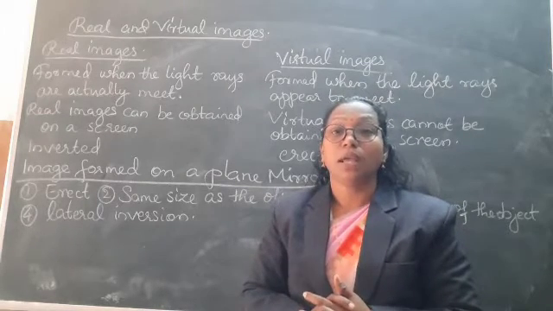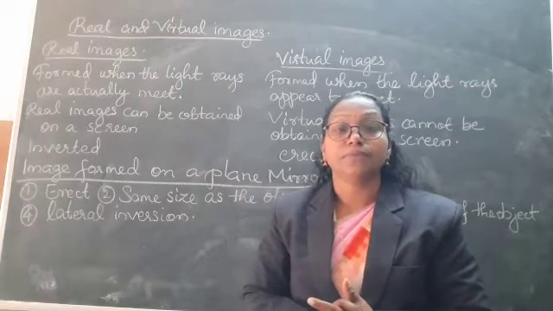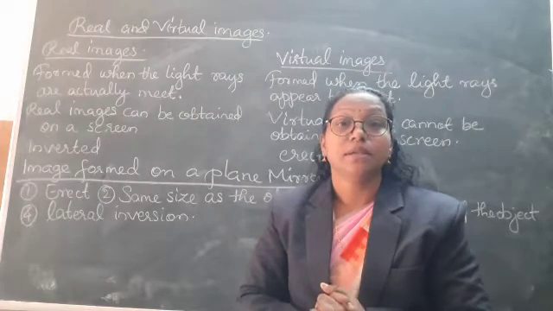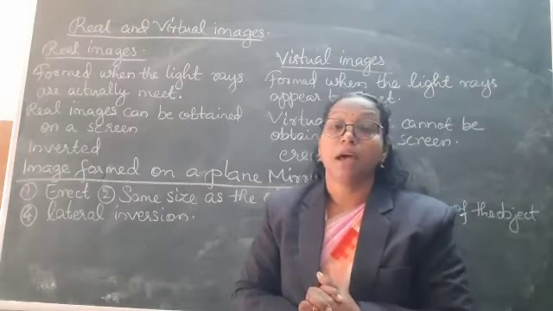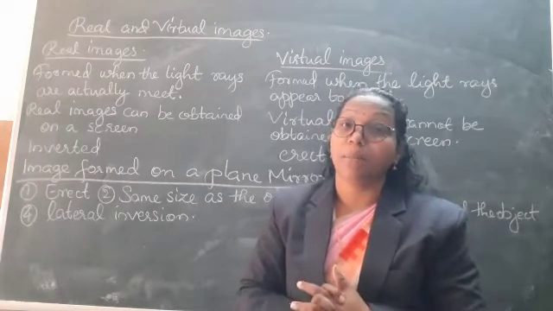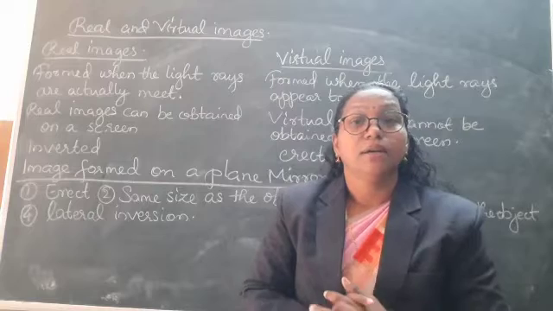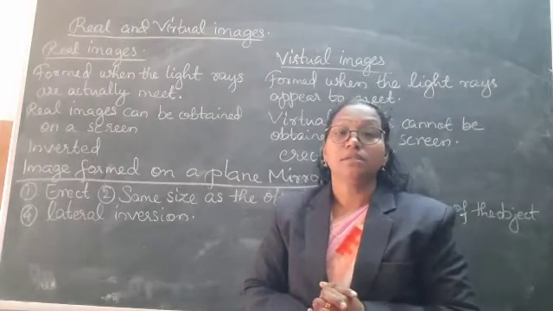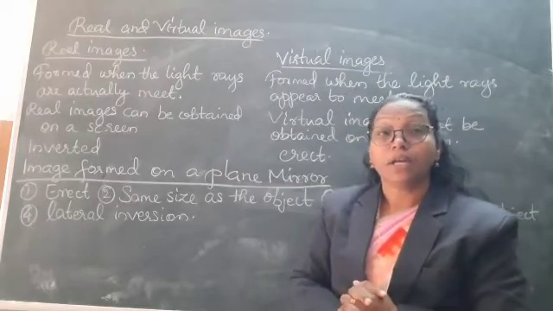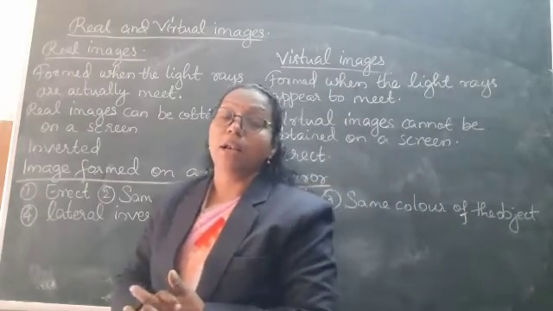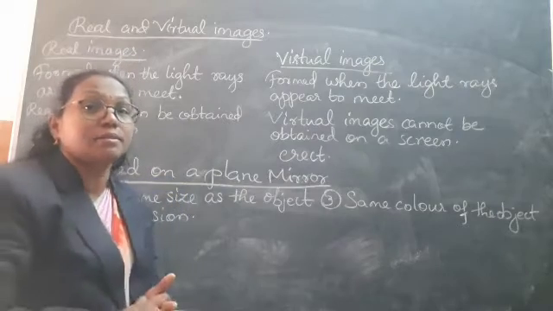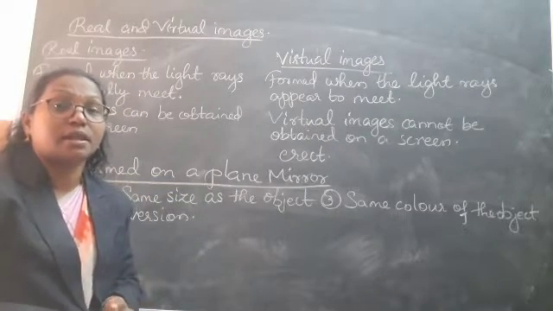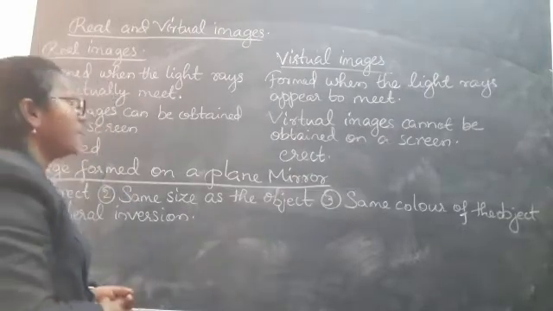The virtual images are formed in certain cases in concave mirrors and also always in plane mirrors. So students, let us see what are the differences between real and virtual images. There are three major differences we are going to learn.